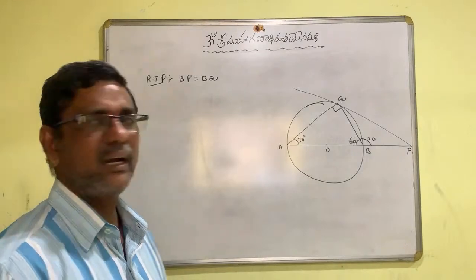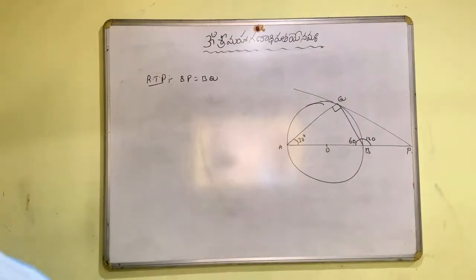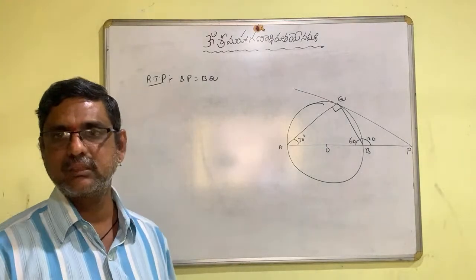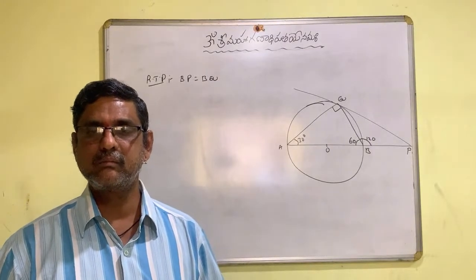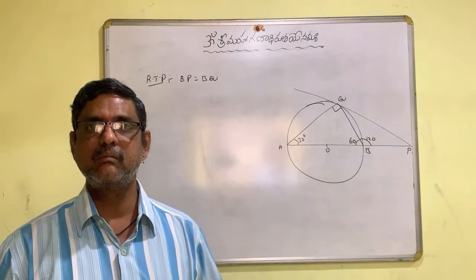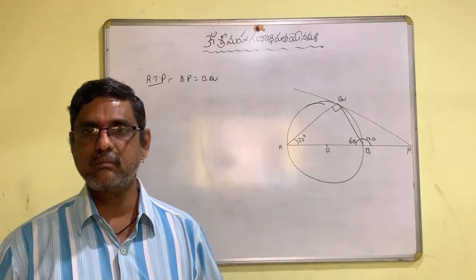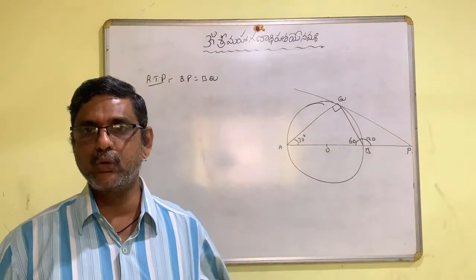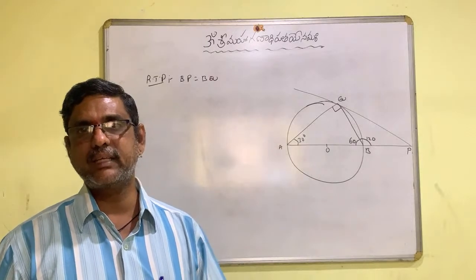Alternate segment theorem concept is not there, Rithvik. It is out of syllabus. Angle BQP 30. How? How is it 30?